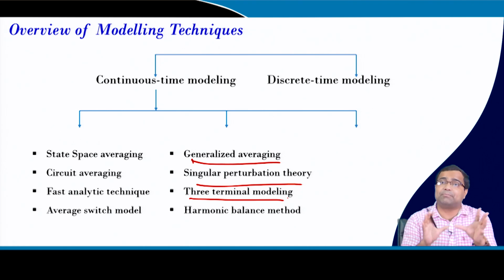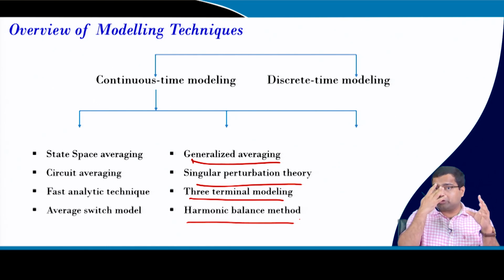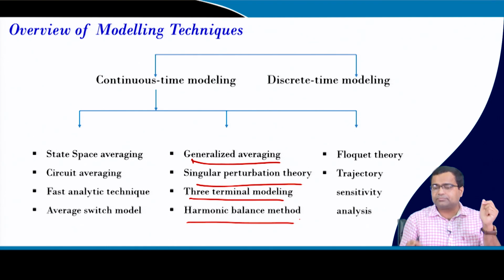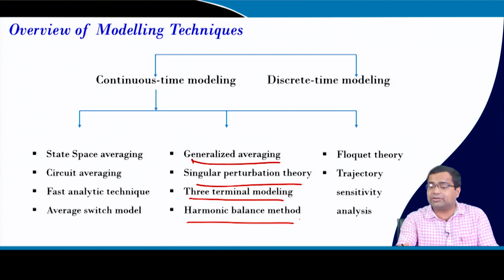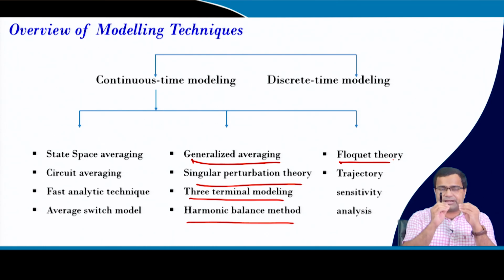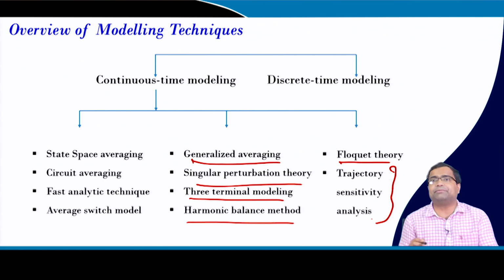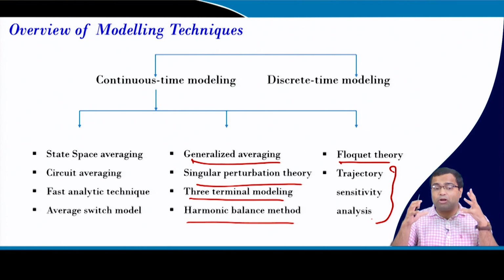All these models have been developed and well reported in the literature, and the harmonic balance method can also be used, which uses the describing function method. And also the Floquet theory is a very powerful tool which also captures the discontinuity during the switching event using the Filippov method, and also the trajectory sensitivity analysis can be used in order to get a more accurate continuous time model.